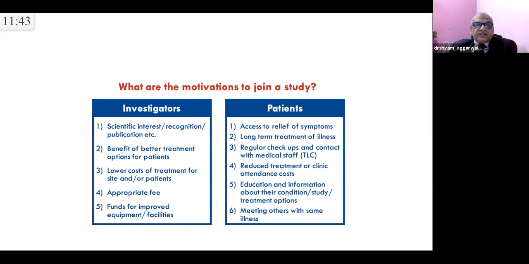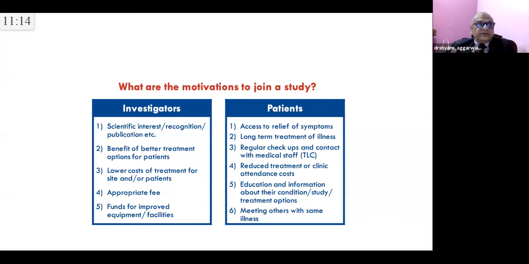What is the motivation for an investigator to join a study? One is scientific interest, recognition, publication, etc. You get to know about newer drugs, because a lot of the studies we get are part of multi-center trials initiated abroad.